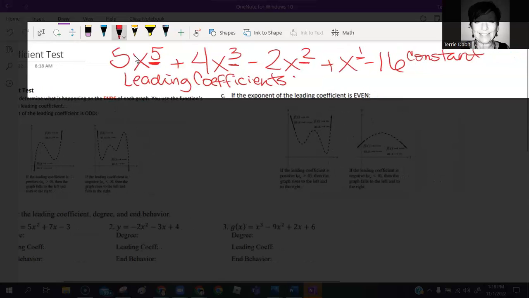Yay. How do you know? Where'd you get that from? Because 5x to the 5th power is the leading term, and the coefficient of that term is 5.